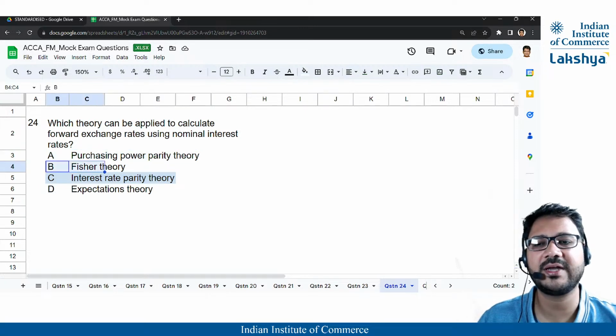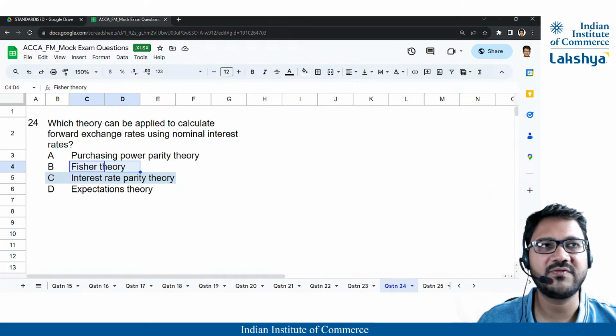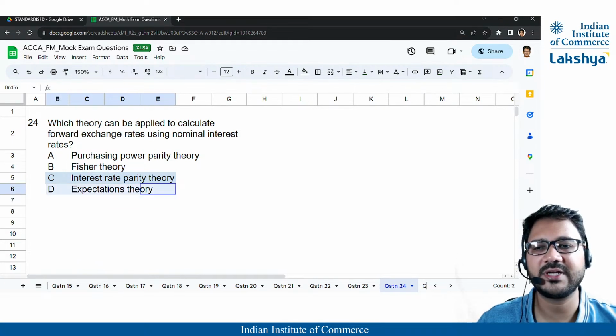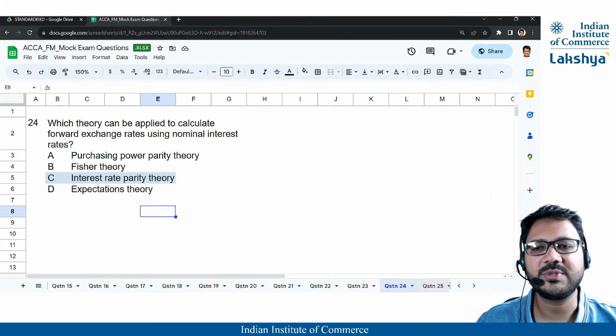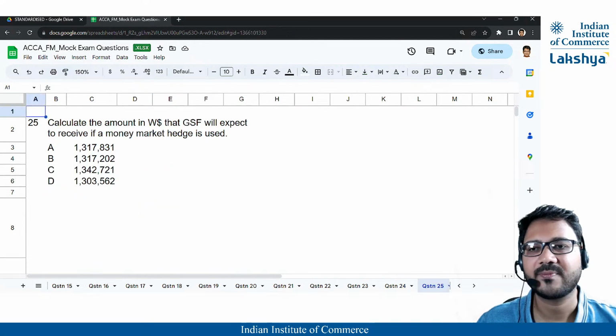Fisher theory and expectation theory do not give us a rate. Fisher theory is just the linkage between real and nominal, so the inflation, and expectation theory is just giving us expected spot rates. So IRPT is the correct answer for question 24, that's option C.